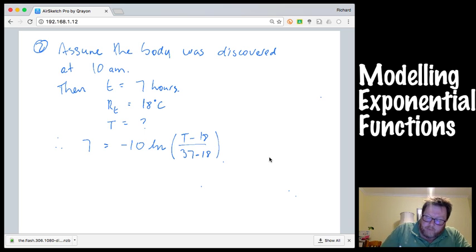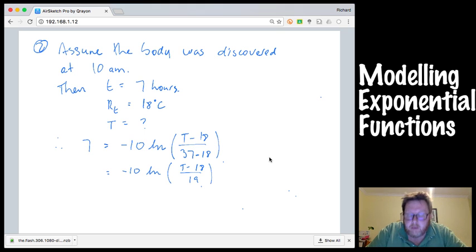So let's simplify that right hand side a bit. Negative 10 natural logarithm of T minus 18 over 19. Okay, so that's a little bit more simplified. Now, I'd like to use our understanding of logs in order to get at this T here. We can't get at it because it's inside, it's a part of this function.